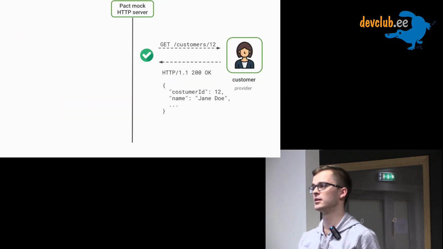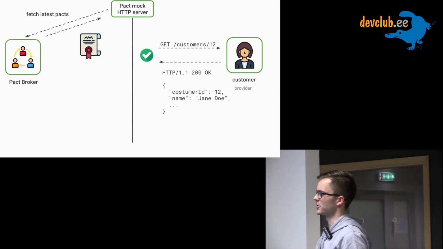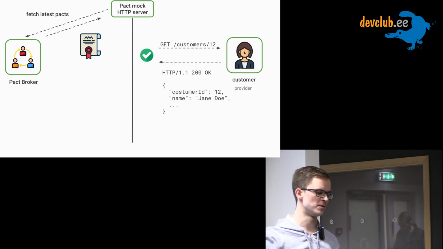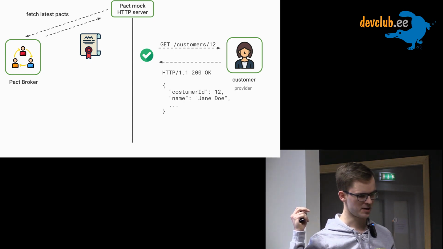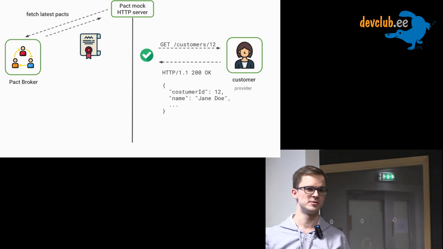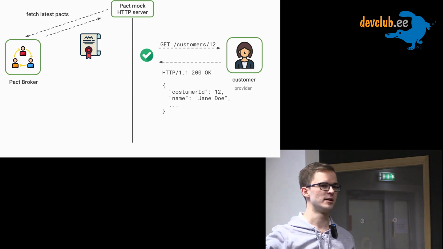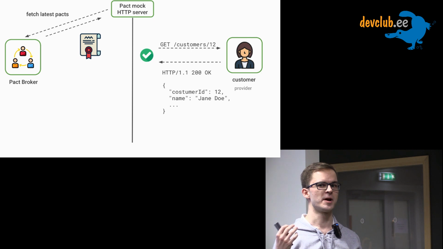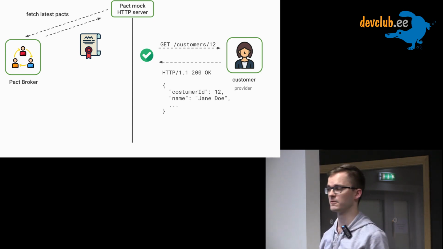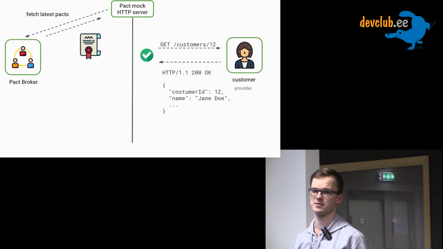On the provider side, the framework will connect to the Pact broker and tell it, I am a provider, my name is customer, and it will give you all the Pact files related to this provider, and you can then start running all of these interactions against the customer service.